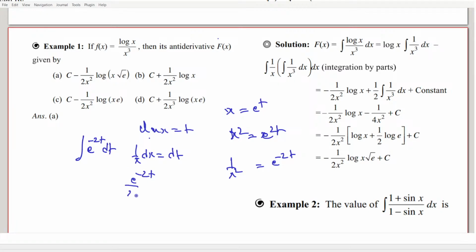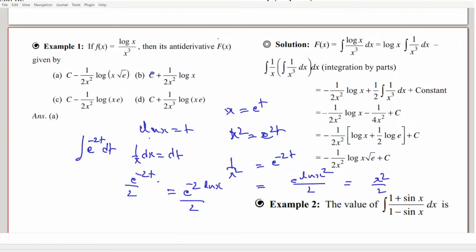This is e power minus 2t by 2, which is nothing but e power minus 2 into ln x, by 2, which is e power ln x square by 2. So x square by 2? No, something went wrong somewhere.